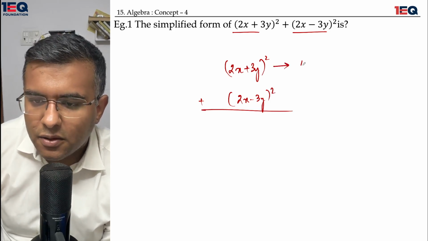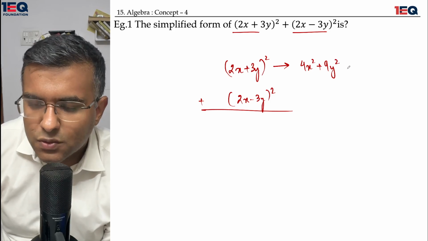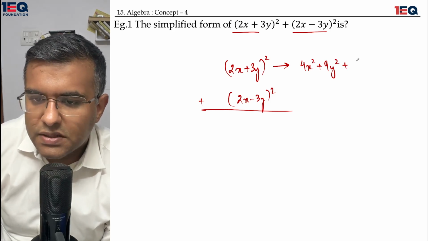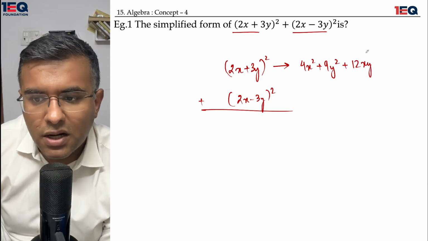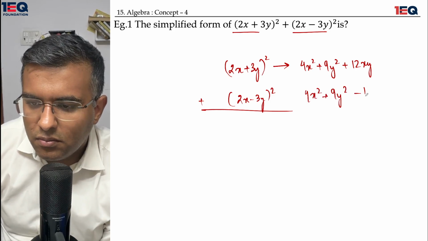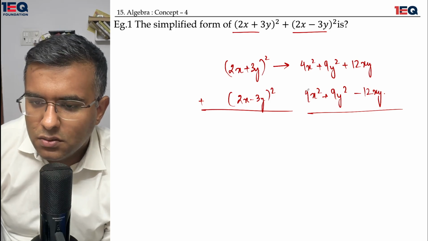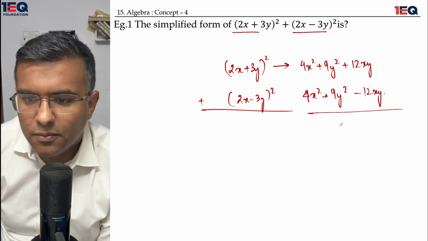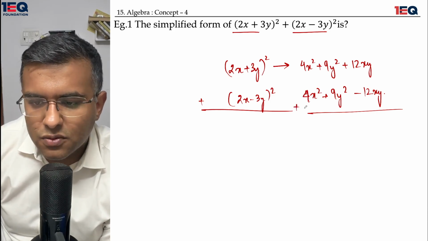I'll expand it here. 4x square plus 9y square plus 2 3 is 6, 6 2 is 12, 12xy, 2ab, right? Similarly, 4x square plus 9y square minus 12xy. So this is what we get. 4x square in positive, and this is what we are supposed to add up.